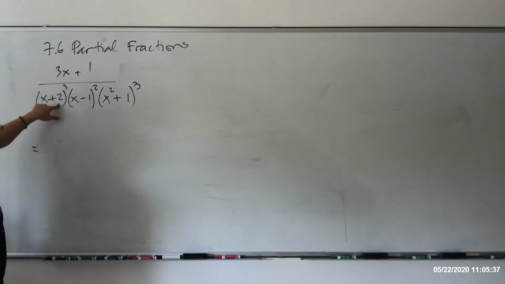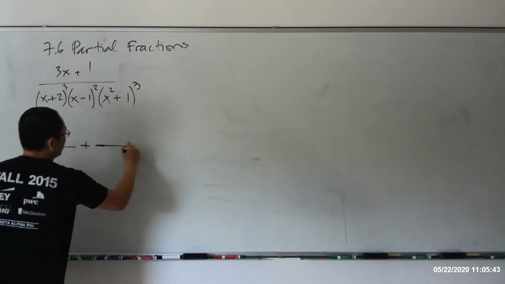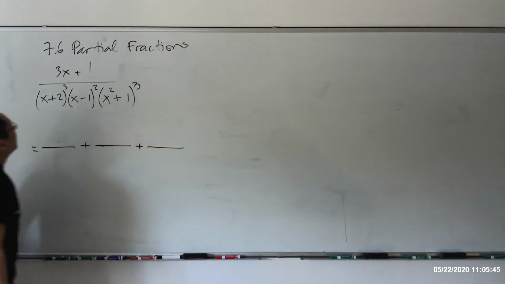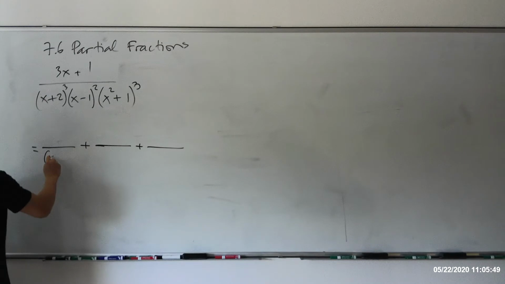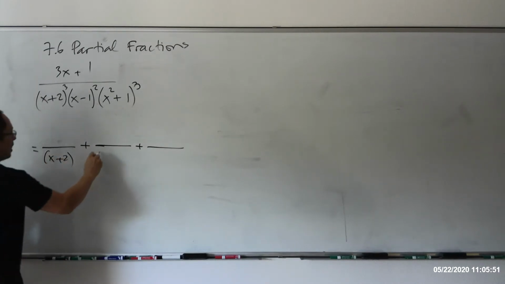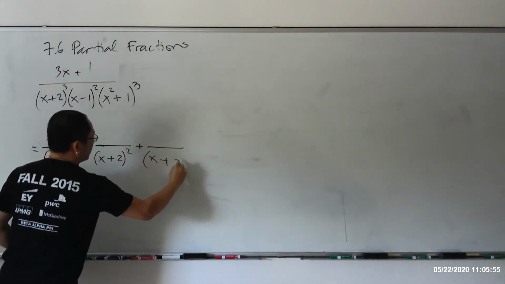I have x plus 2 as a linear factor, but I got multiplicity 3. So I'm expecting to have 3 partial fractions with x plus 2. The first one is going to be x plus 2, the second one x plus 2 squared, and the third one x plus 2 cubed.